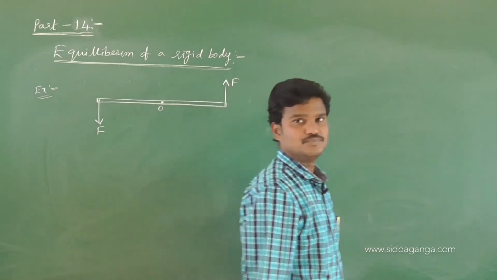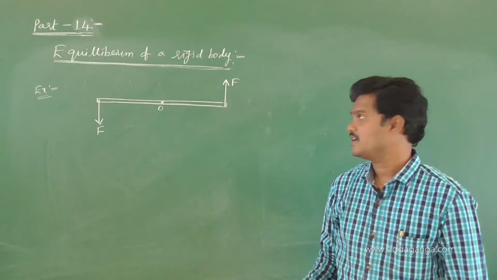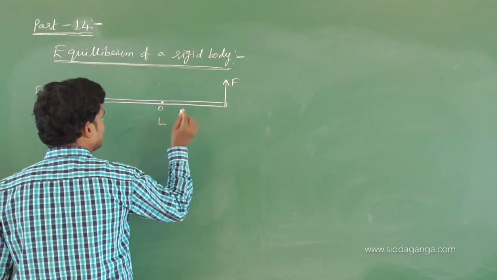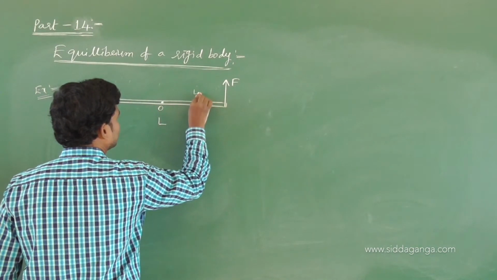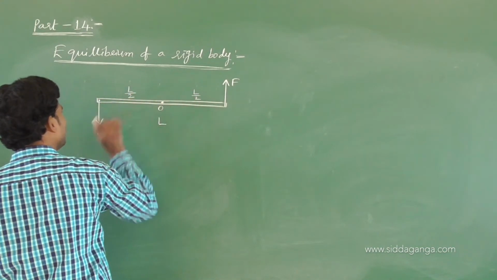I applied two forces, one up, the other down. The total length of the rod is L, and from here to here is L by 2. From this to this point is also L by 2.